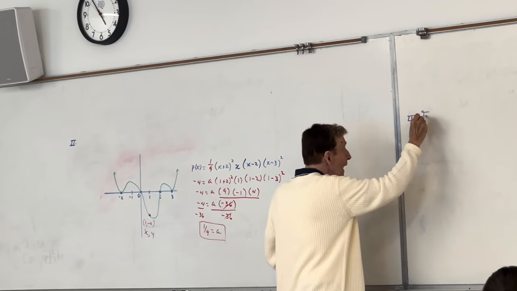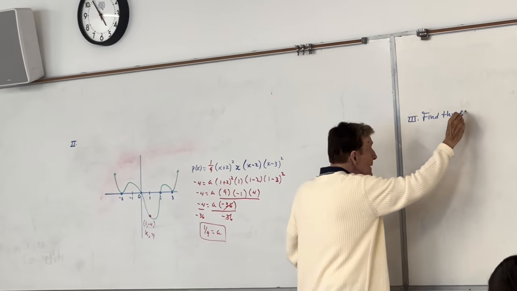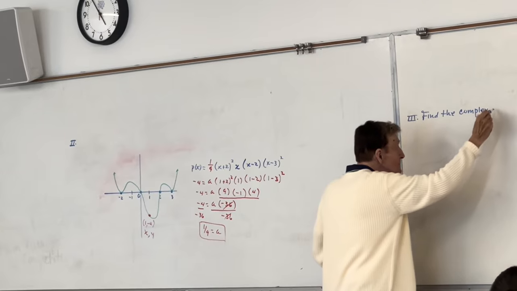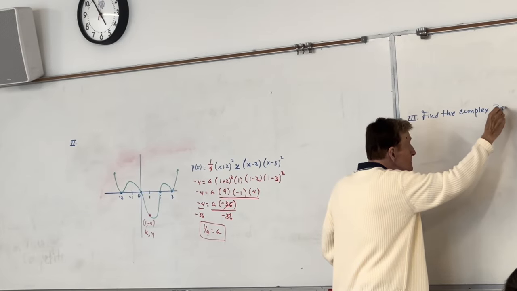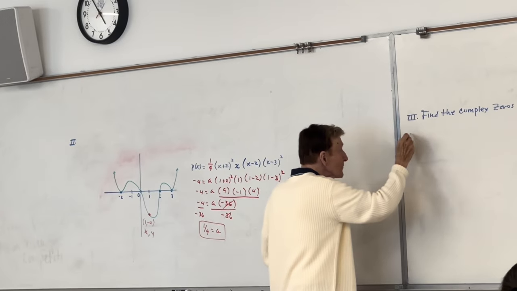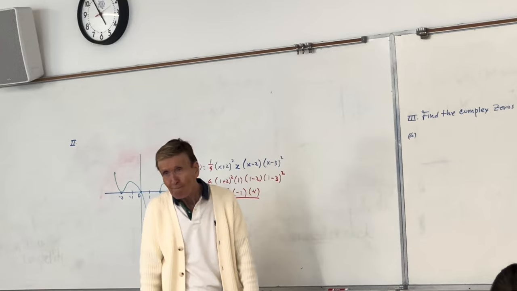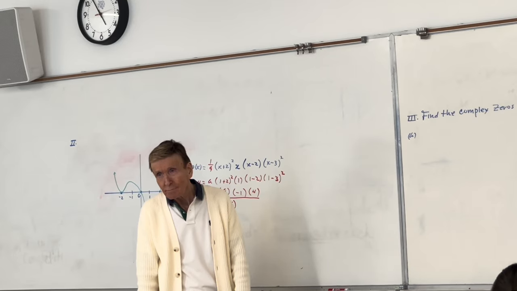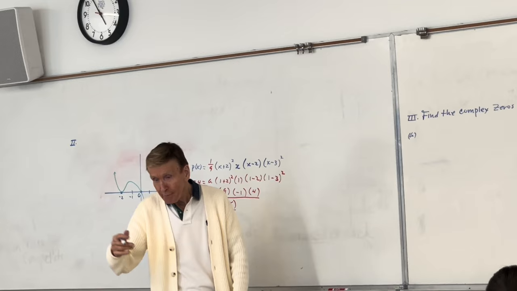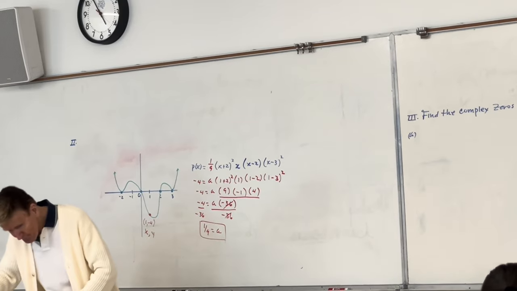Here we go. Find the complex zeros of these polynomial functions. And I may, if we find them, graph it to tie in graphing this. Now I brought in so much today.